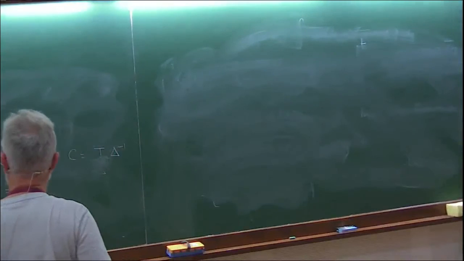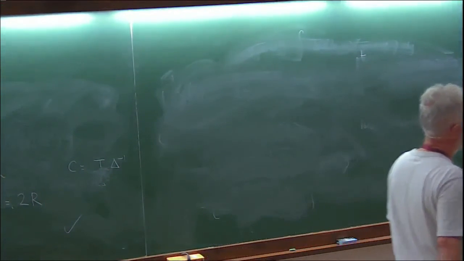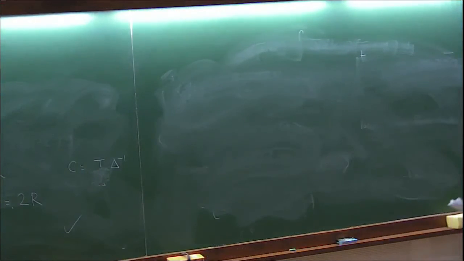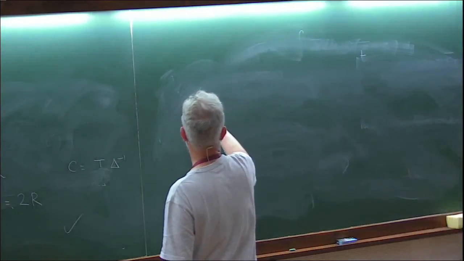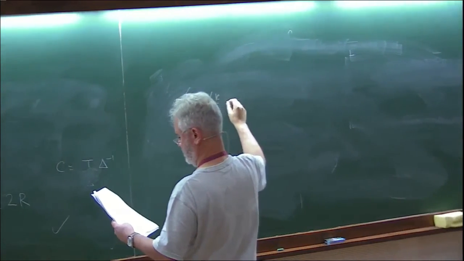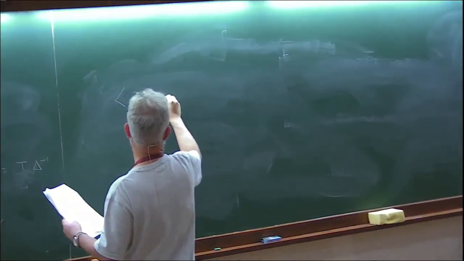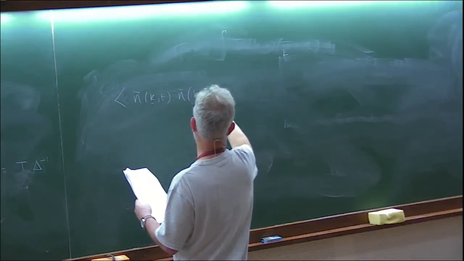Okay, now if I go back to my theory, if I write down the stochastic density functional theory, I can actually predict what, so I can look at n tilde of k of t, n tilde of k prime of 0.